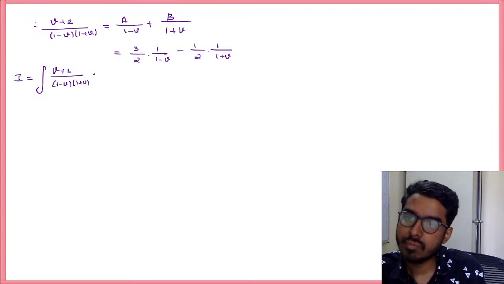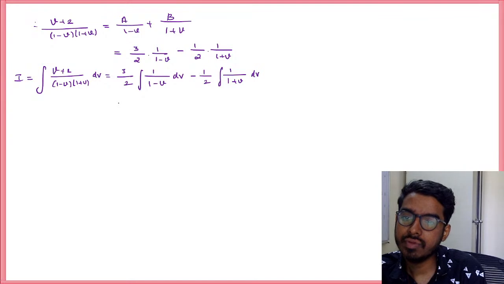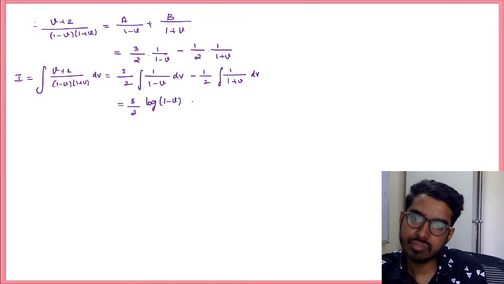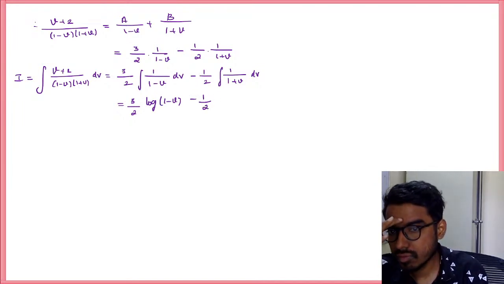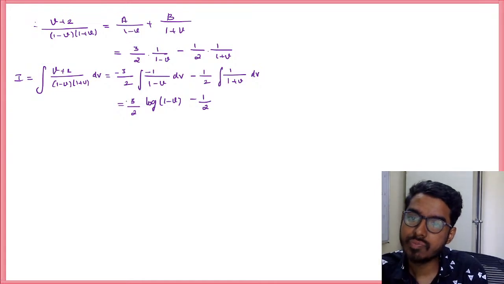Minus b by 1 plus b dv is equal to 3 by 2 integration of 1 minus b dv minus 1 by 2 integration of 1 plus b dv. So this will be 3 by 2 log 1 minus b. Actually, a minus is missing, right? So we will multiply by minus, because f of b, f dash of b.